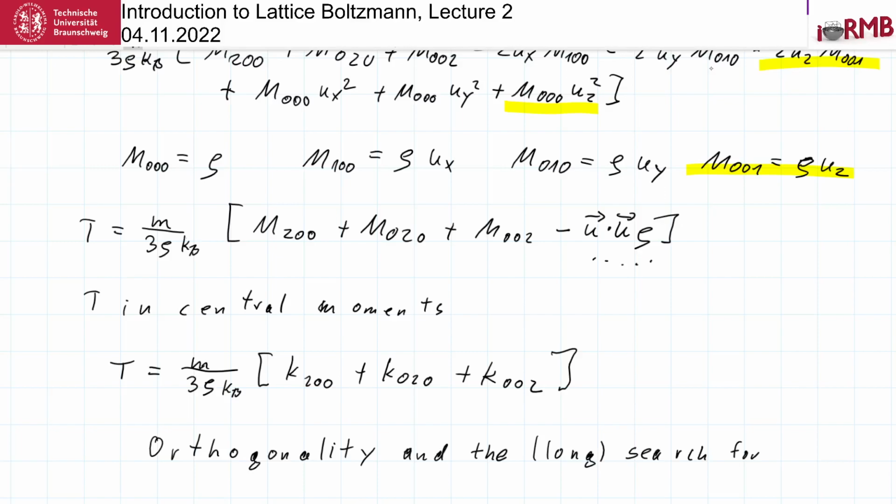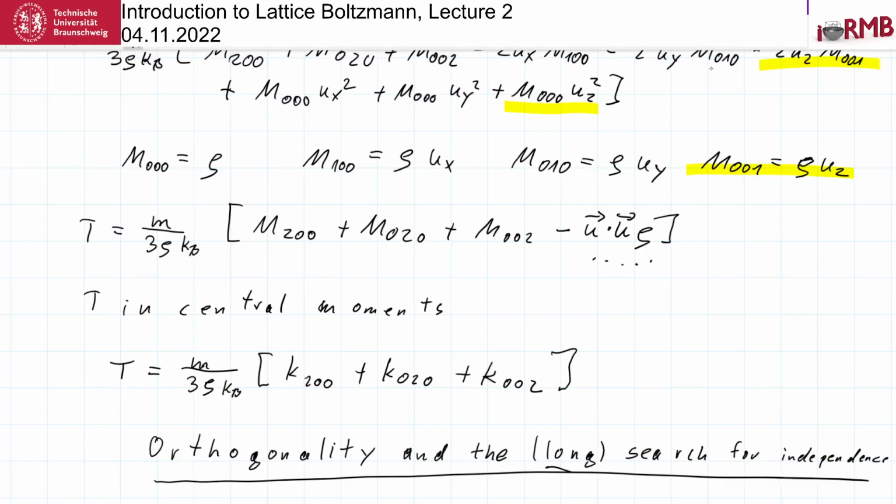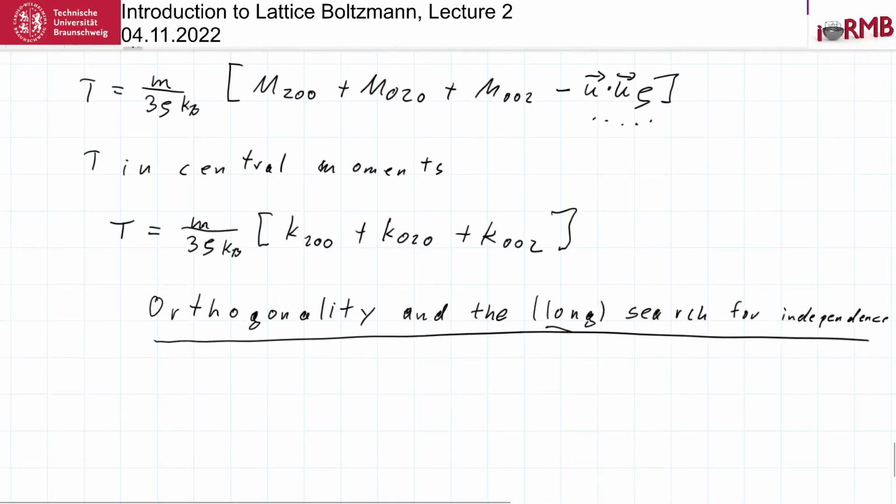This is why I write orthogonality and the long search for independence. So many people want to be independent, and here moments should also be independent. Now the big problem, maybe as in politics, is, what do you mean by independence?